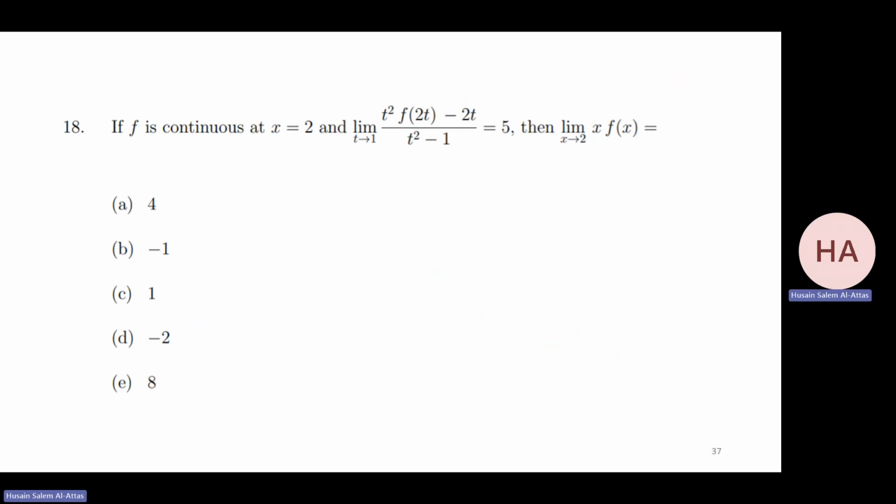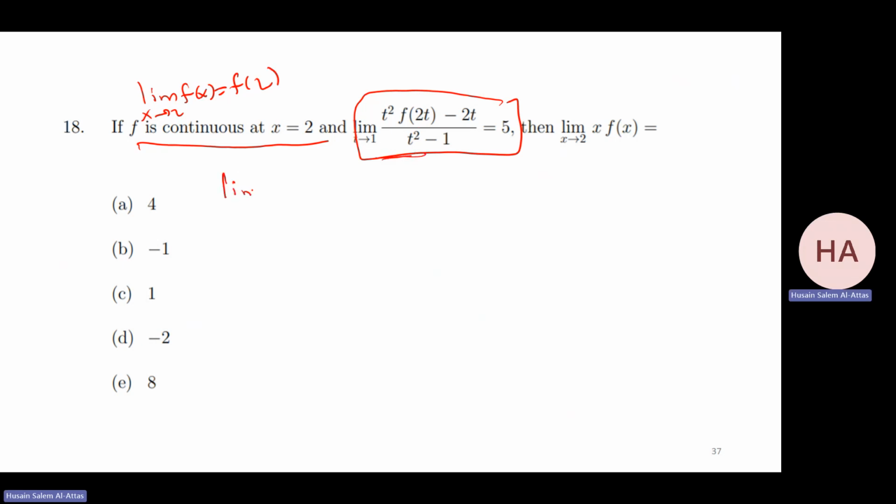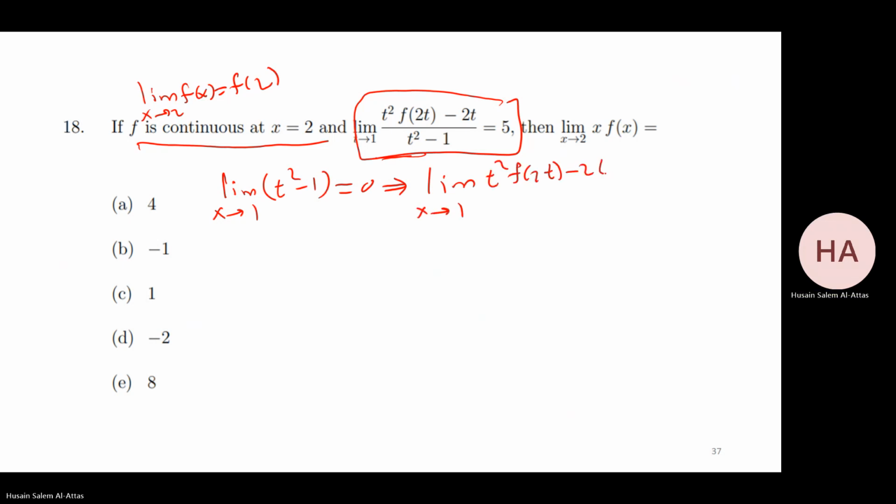If f is continuous at x equals 2, what's the meaning of this? It means the limit as x goes to 2 of f of x is f at 2. And this limit exists. It's equal to 5, who cares? But the limit exists. Notice, like what we did before, since the denominator equals 0, for sure the limit of the numerator should equal 0.